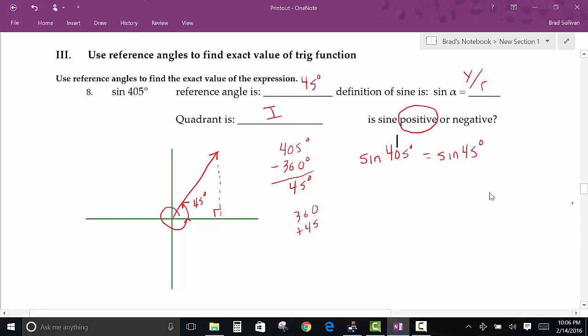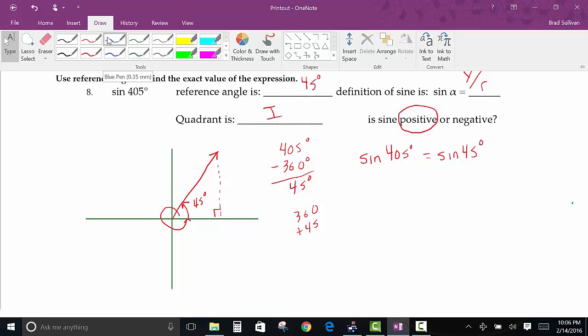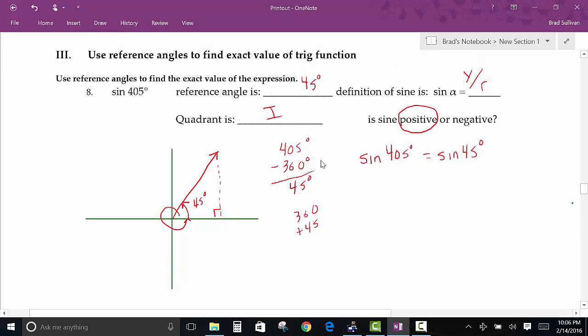So basically what we would do here then is we need to just pull out our triangle, basically. So what we know is we have a 45-45 right triangle, and the sides go 1, 1, square root of 2, with the 1 being the y value, and the r being the square root of 2, and then the x being the 1.